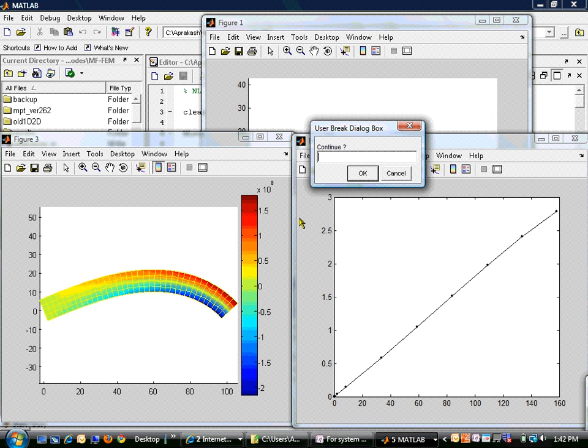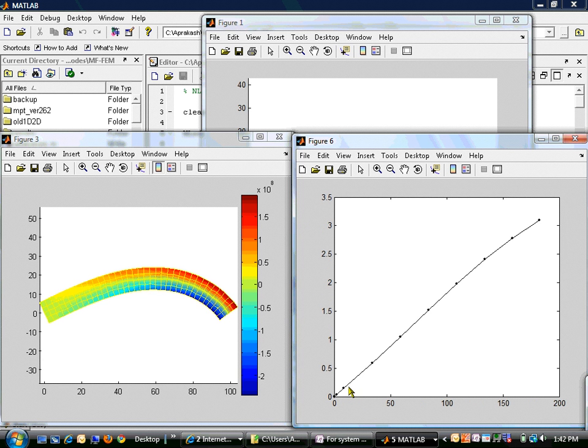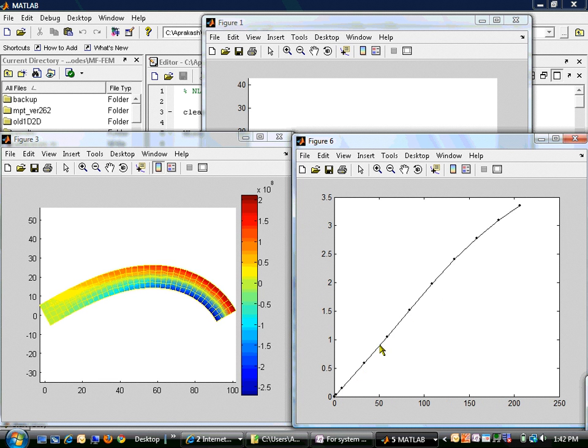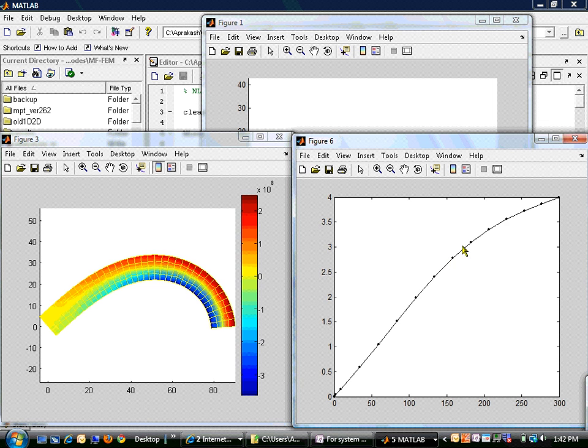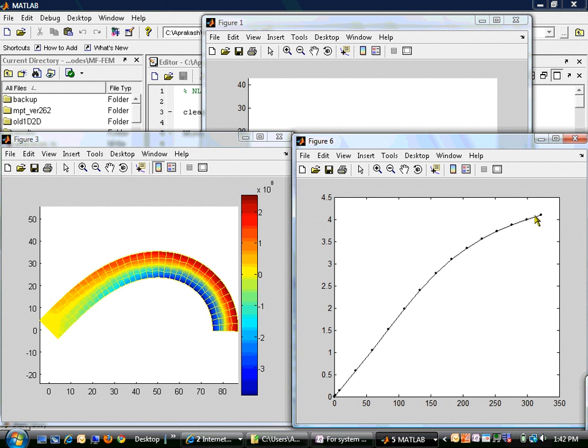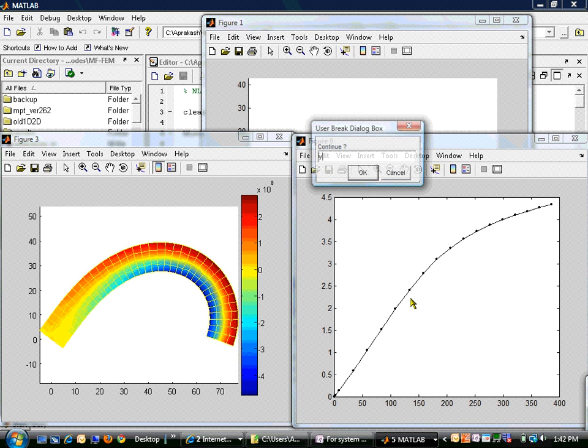And I just want to show you that in this case, Abaqus also does something similar for the Riks method. You can see that the length of these steps, that is the amount of load, as I keep on applying more and more moment, is adapting to the amount of moment. So now you can see that it's about to reach its final moment capacity and it's about to go unstable.